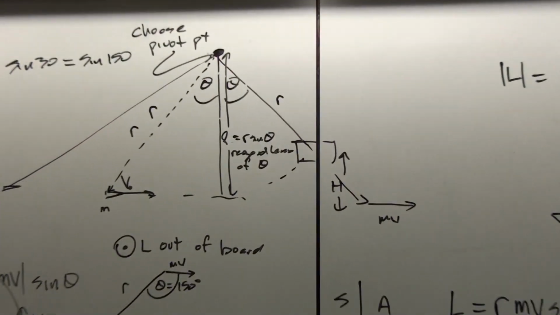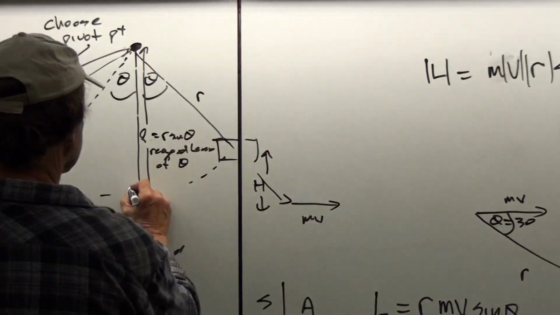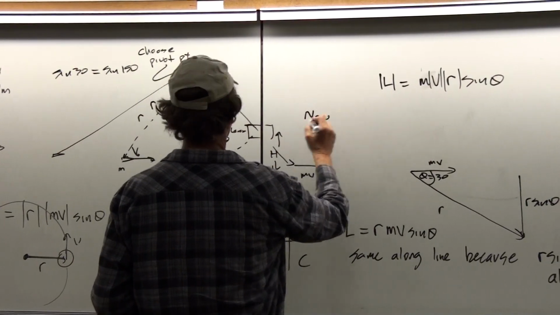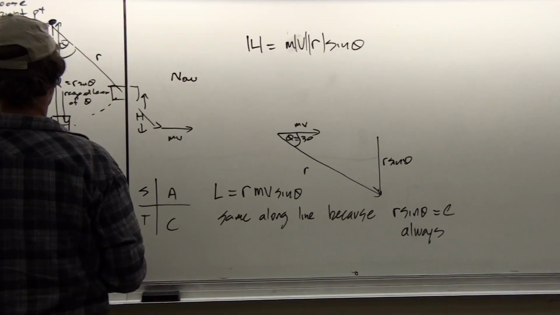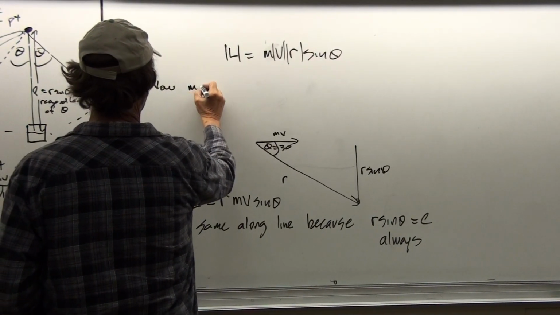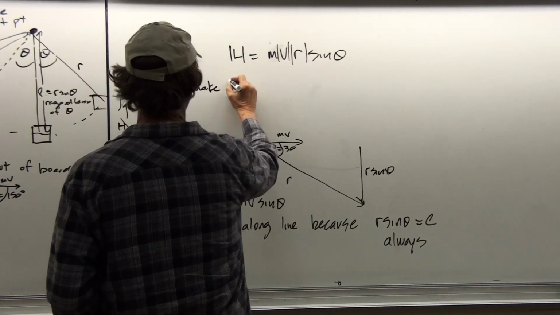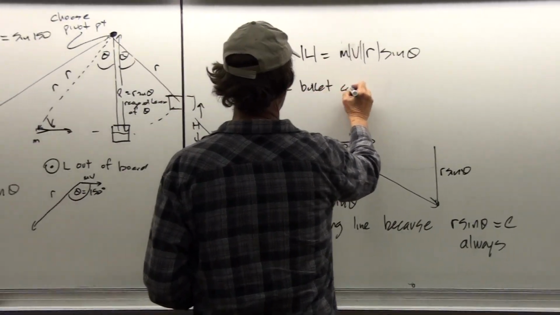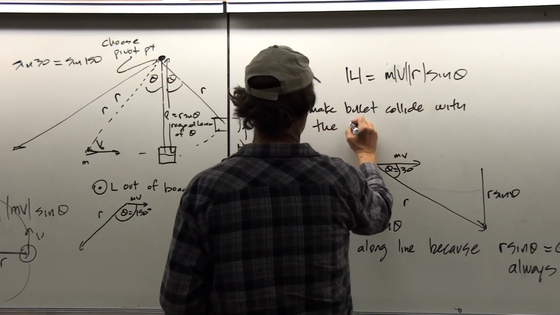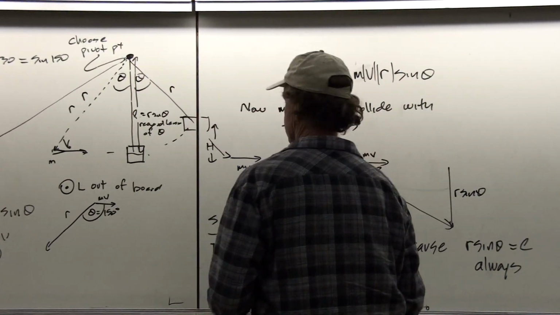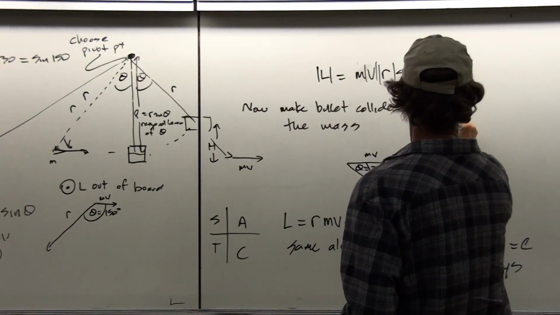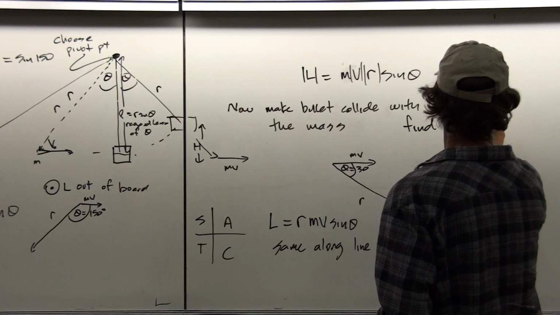Okay, and so we can say then that L, now let's put this thing in here and say that there is a collision, like we had in the ballistic pendulum. Then let's find L just after the collision.